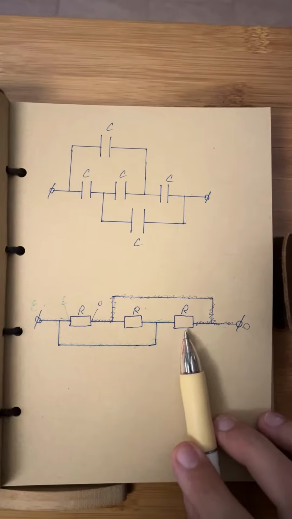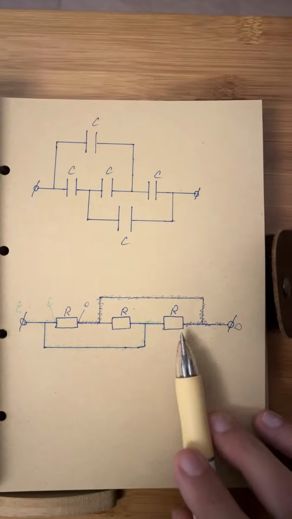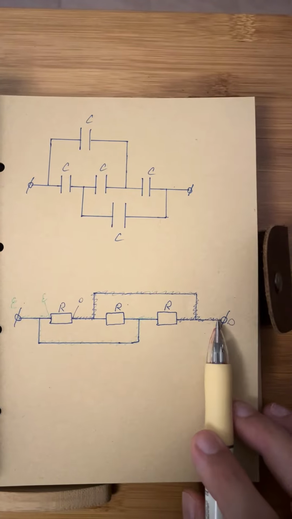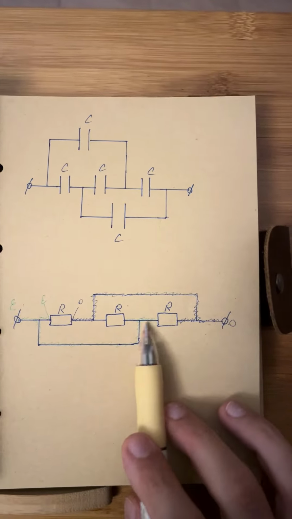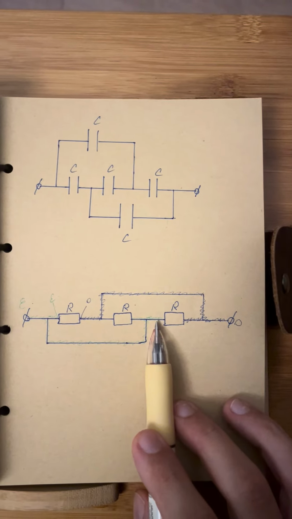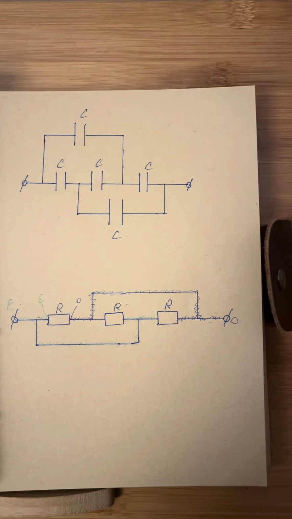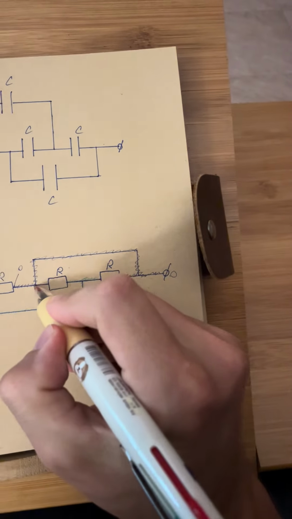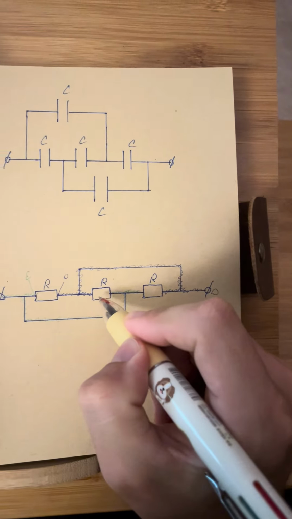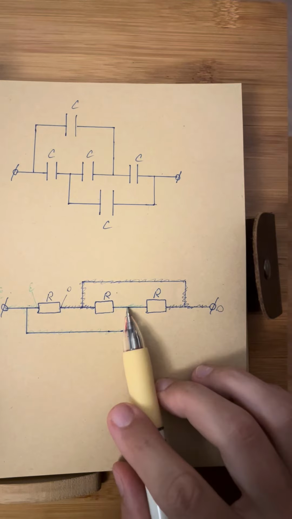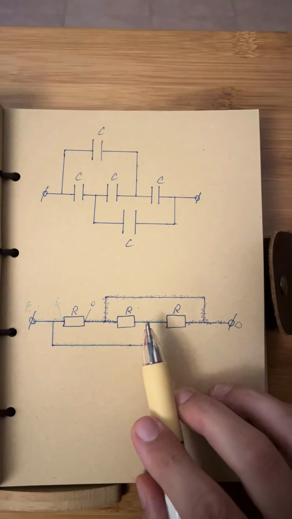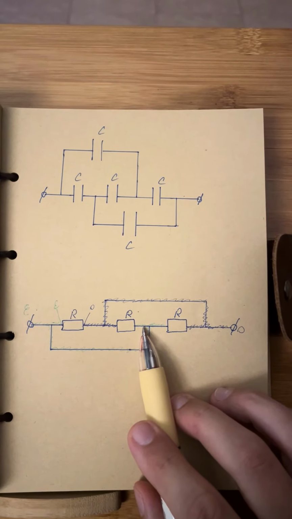How about this one? We can see that it's connected to zero potential here and to epsilon potential here. How about the middle one? The middle one is connected to zero potential from this side and to EMF potential, epsilon potential, with this side.